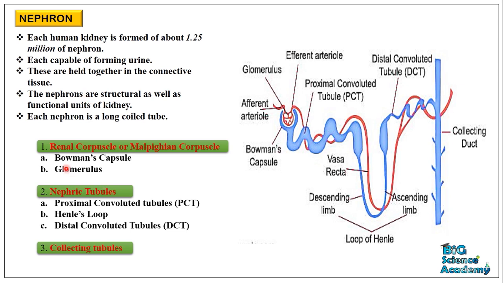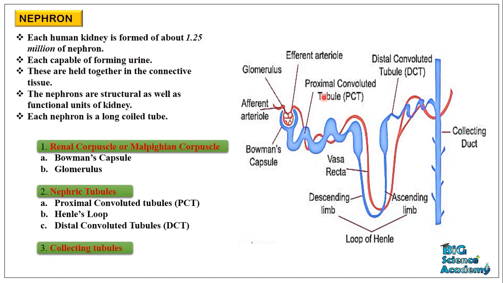And the nephron consists of mainly three parts. Number one is the renal corpuscle or Malpighian corpuscle, second is the nephric tubule, and the last is the collecting tubule. The renal corpuscle or Malpighian corpuscle is composed of mainly two parts: Bowman's capsule, this one is the Bowman's capsule, and the glomerulus. The nephric tubule consists of three parts.